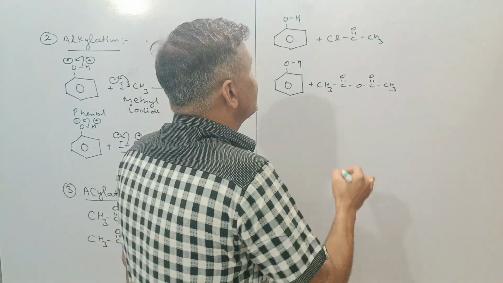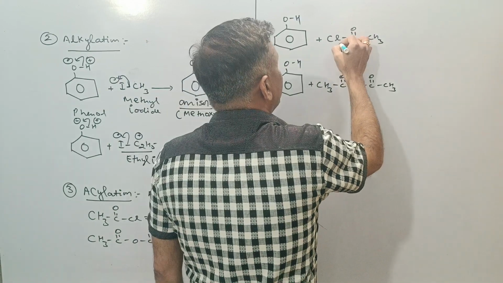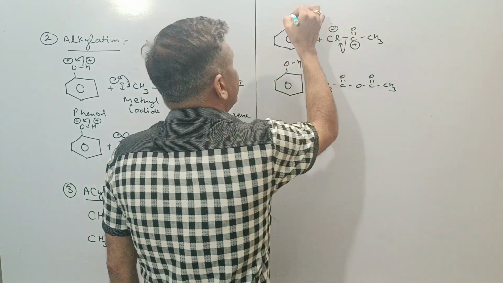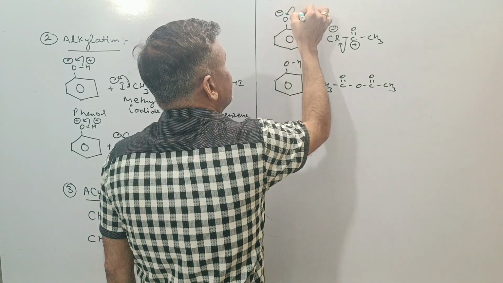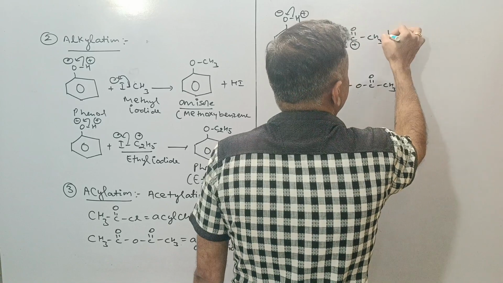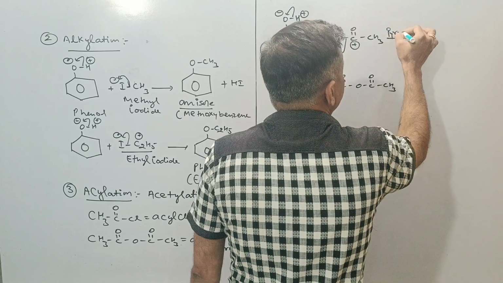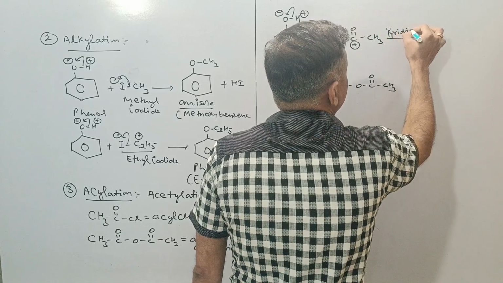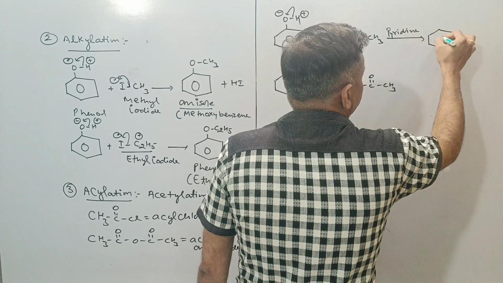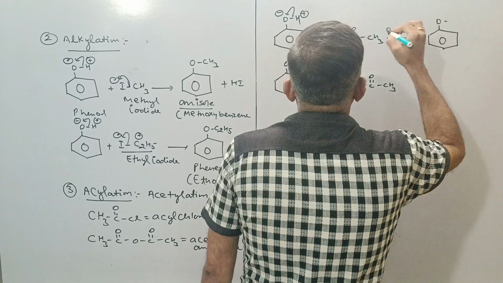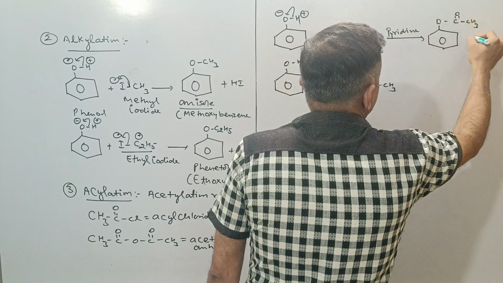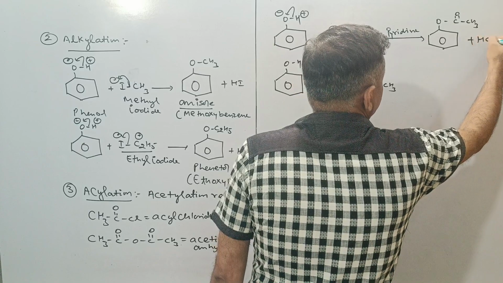If we use acyl chloride, then the electronegativity of Cl is larger than carbon and hydrogen. There is removal of HCl; for the removal of HCl we use pyridine. Pyridine is a very important compound, and the rest will be your O, this is the COCH3 and this is your HCl.